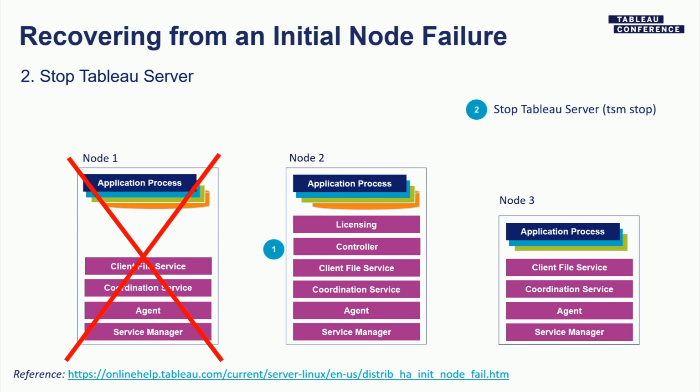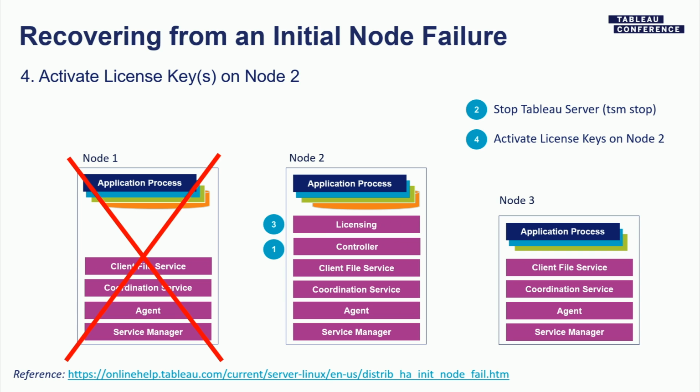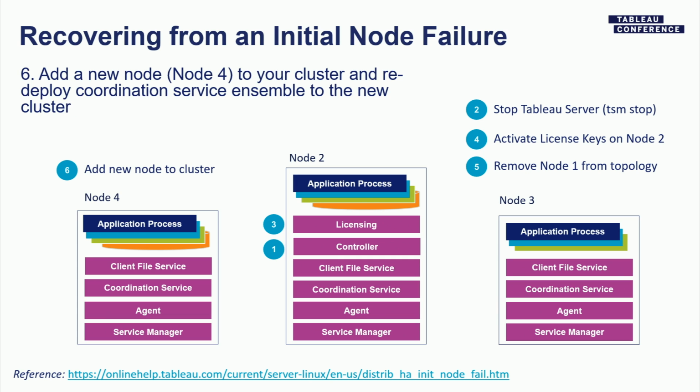Just go ahead and stop Tableau Server and move the licensing service from node 1, where it was originally, to some other node, node 2 in this example. And after that, you can activate licensing keys on node 2. You want to remove node 1 from your topology, along with all the processes which were configured on node 1, if this node is not coming back.